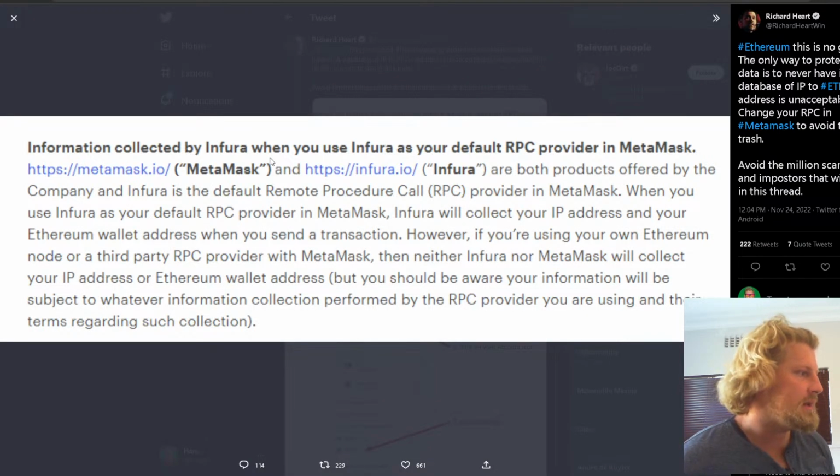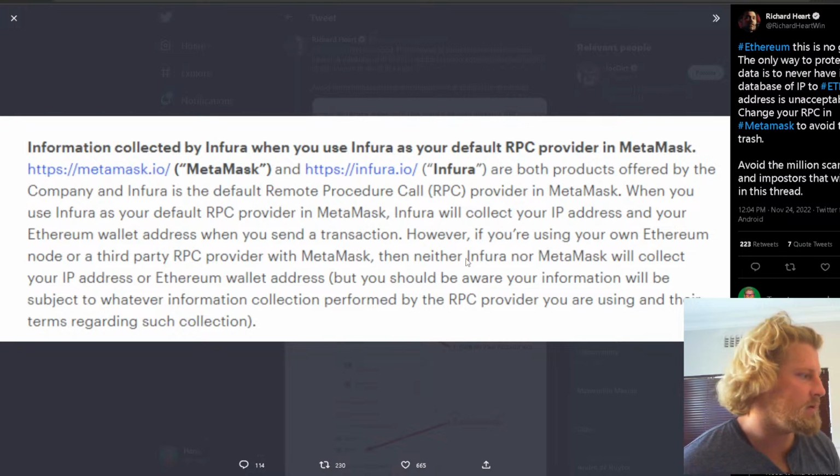So, information collected by Infura when you use Infura as a default RPC provider in Metamask. Metamask and Infura are both products offered by the company Consensys, right? And Infura is a default remote procedure call (RPC) provider in Metamask. When you use Infura as your default RPC provider in Metamask, Infura will collect your IP address and your Ethereum wallet address when you send transactions.